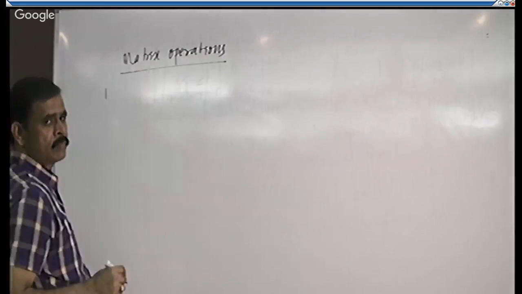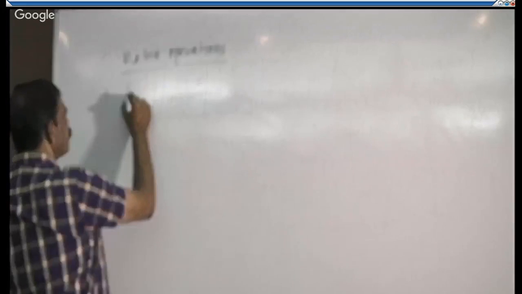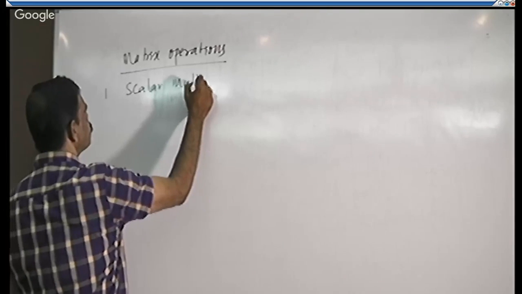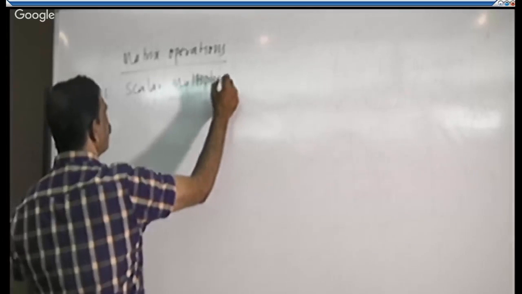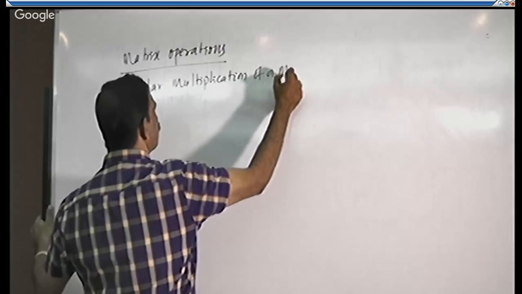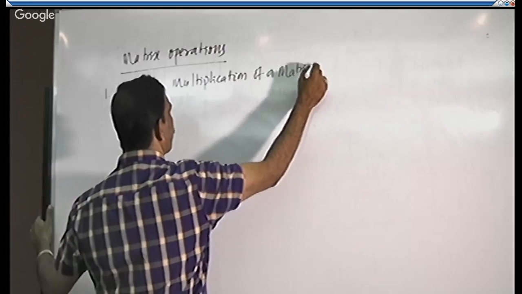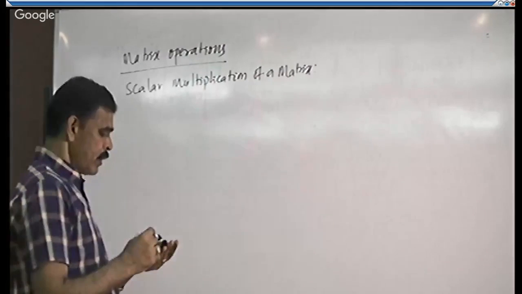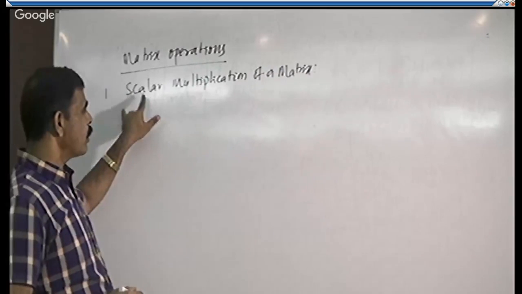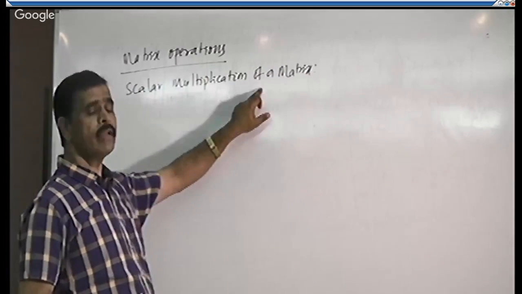First one, scalar multiplication of a matrix. Scalar means a constant. A constant can be multiplied to a matrix.